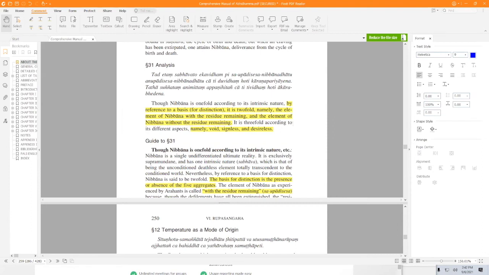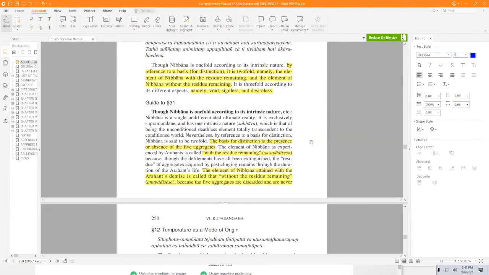And then it's said to be threefold according to the different aspects as being void or empty, this is sunyata, signless or markless, animitta, and desireless, apanihita. And so according to its intrinsic nature, it's single-fold.